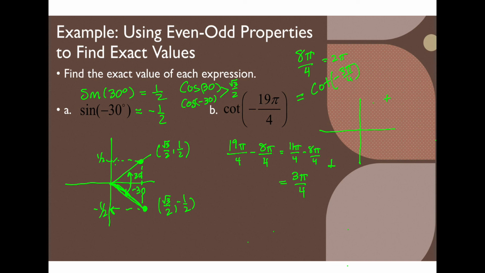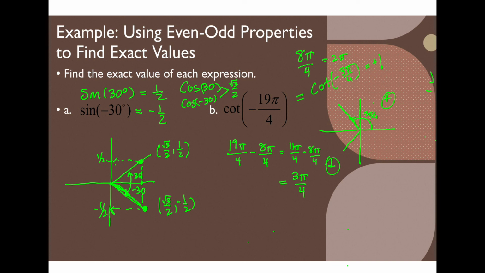We know that cotangent is positive in the first and the third quadrants, just like tangent. And so for this function going in the opposite direction, negative 3 pi over 4, putting us into the third quadrant, we're going to get positive 1. Now, had we gone positive 3 pi over 4, that would have put me in the second quadrant.